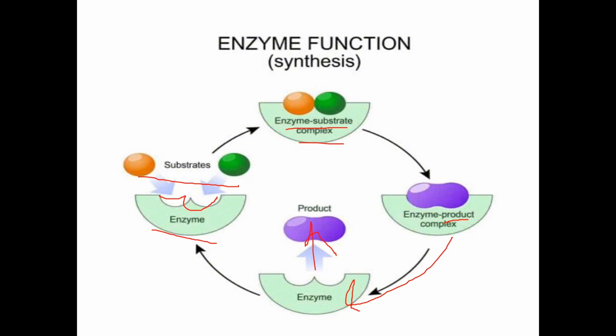Then I'll change the color just to show you the opposite side. Maybe we can just assume that this is the substrate or the reactant. Then it can go to the enzyme, the active site. Then it will give the temporary enzyme substrate complex, then enzyme product complex, and release the two products.